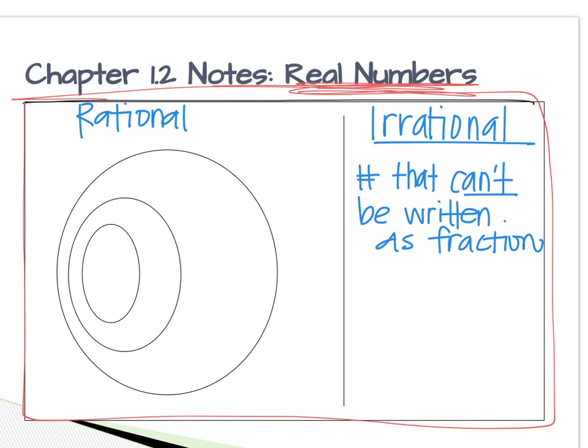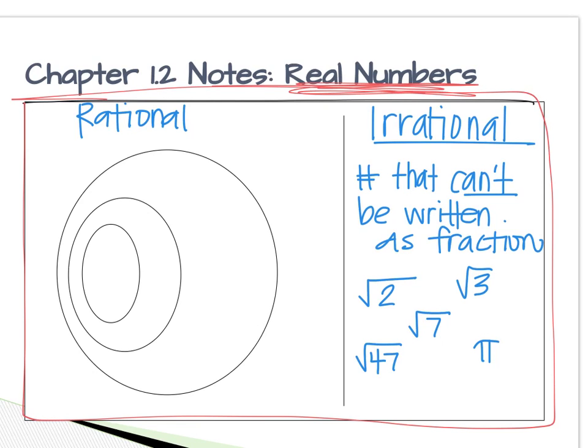Okay, so any square root of any number that's not a perfect square, square root of 2, square root of 3, square root of 7, square root of 47, none of those are perfect squares, so those are all irrational. Also, numbers that are decimals that don't repeat and don't end. So, pi is also an irrational number.